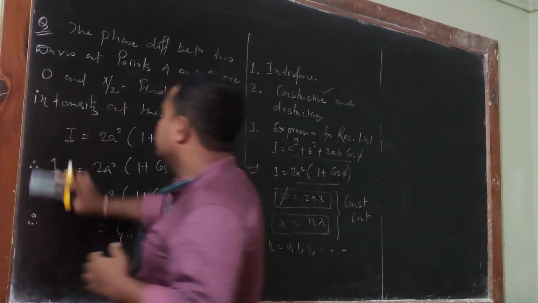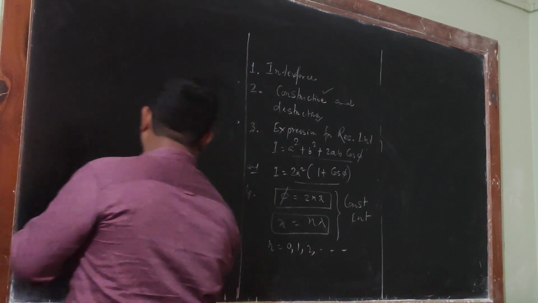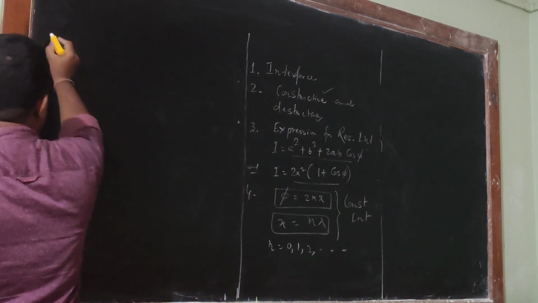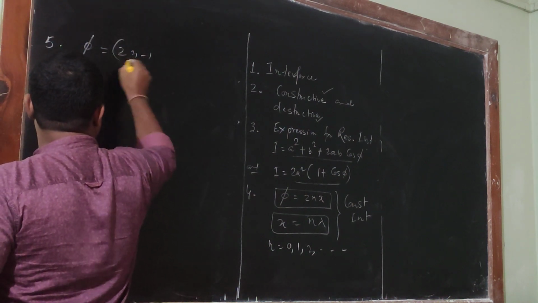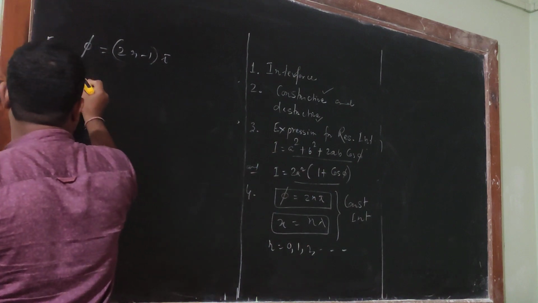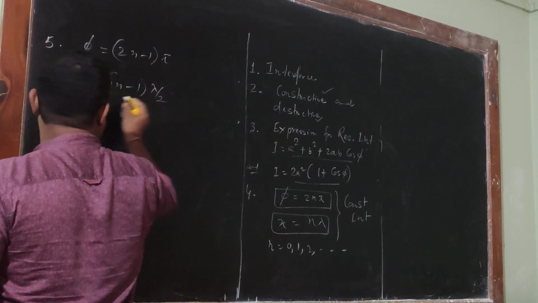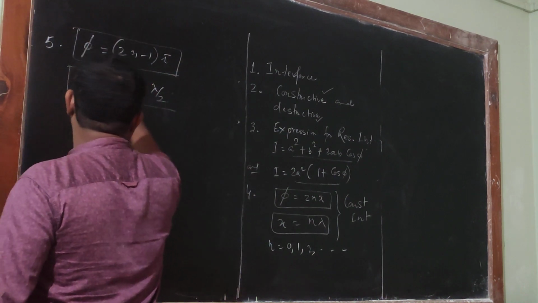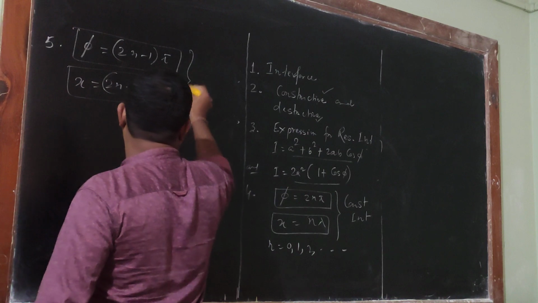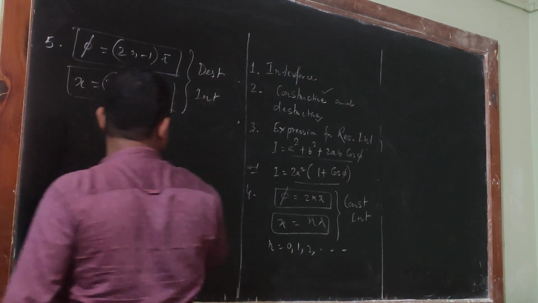Then I gave you the condition for destructive interference: the phase difference is an odd multiple of pi, and the path difference is an odd multiple of lambda by 2. So this is the condition for destructive interference.